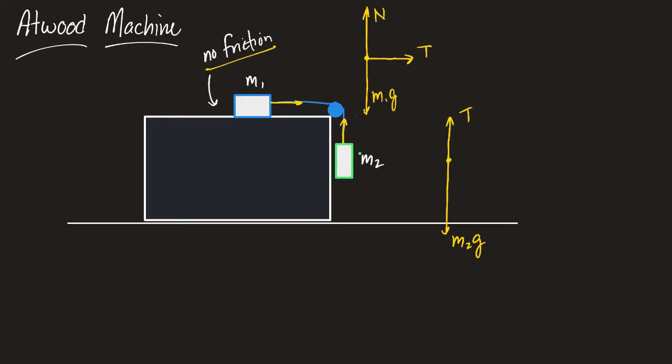My method is to merely decide the direction you want to be positive for both objects and make them both positive. Meaning, I think the system is going to go in this direction. Don't you think it's going to go in that direction? So I'm going to make this direction positive.